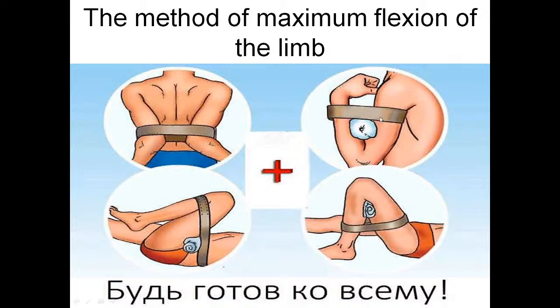Second picture, stopping bleeding of the artery of the arm. This picture, stopping bleeding from the artery of the femur. And this picture, stopping bleeding of the artery of the tibia.